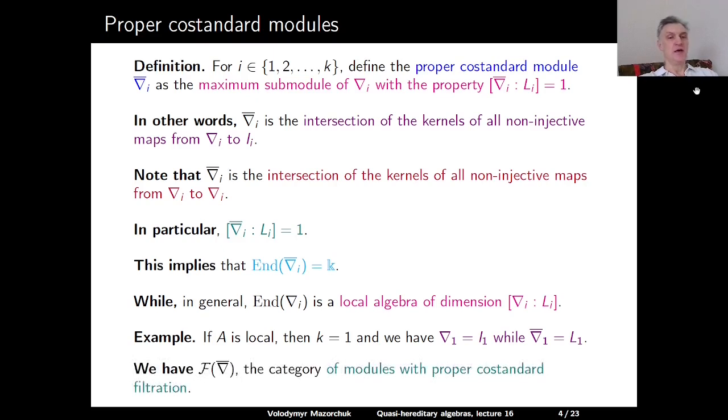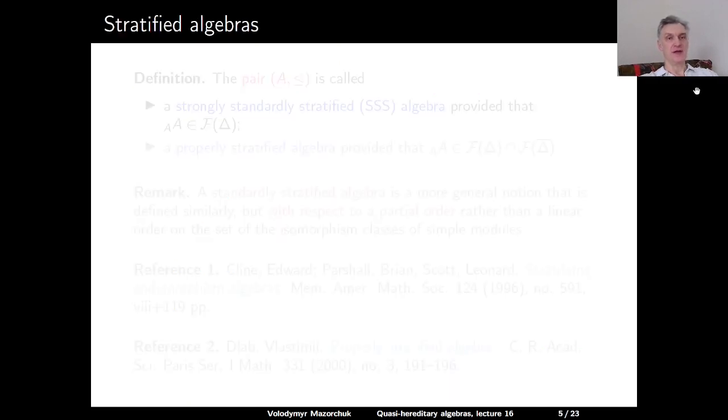And again, we have the category F(∇̄) of all modules which have a proper costandard filtration. That is a filtration with proper costandard subquotients. So now we can define our main protagonists for this lecture, the standardly stratified and properly stratified algebras.